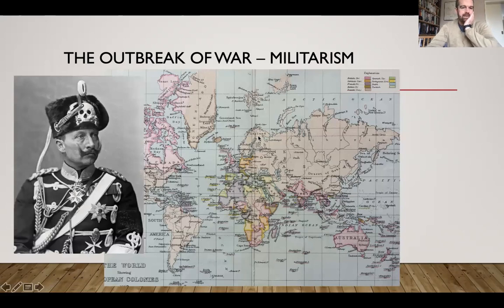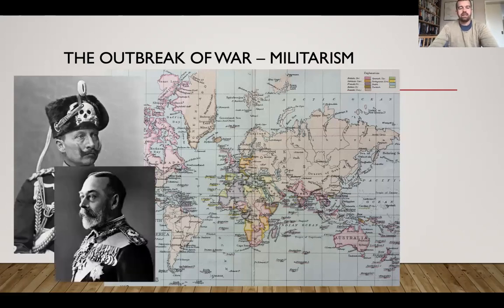That's Kaiser Wilhelm II, and that's King George V, the respective heads of state of the German Empire and the British Empire at the start of the 20th century. Now, there's quite a bit made of the fact that these two were cousins, and so indeed was Tsar Nicholas II of Russia. Don't get too hung up on that as far as causes for war go.